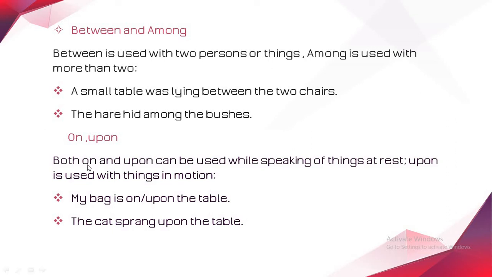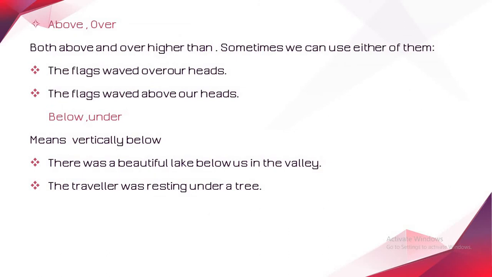So though on and upon give you a similar meaning, upon talks about things which are in motion. So I repeat once again, my bag is on the table, but the cat sprang upon the table. So the movement of the cat is being referred to here. So this is about the preposition of position.